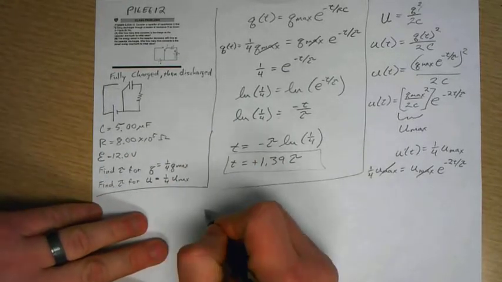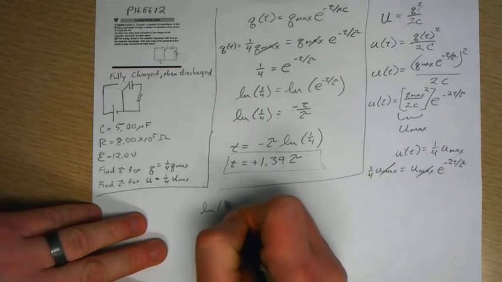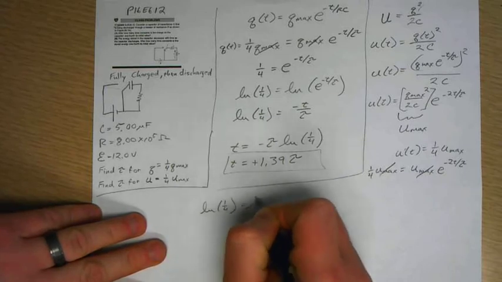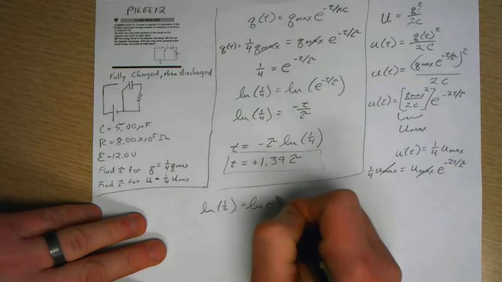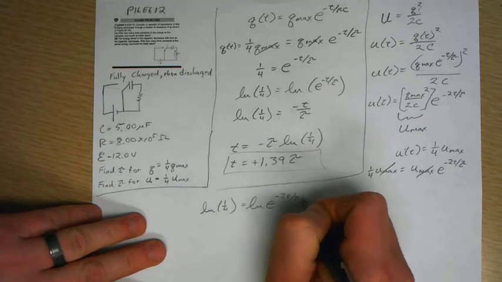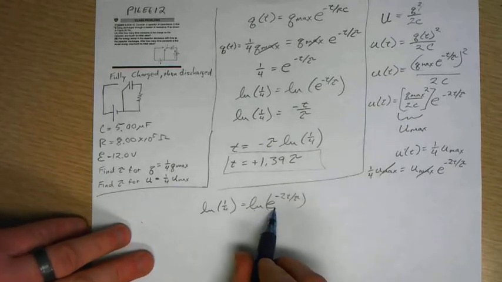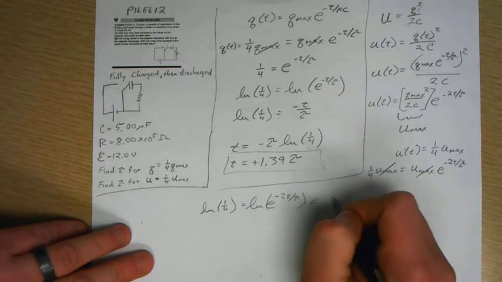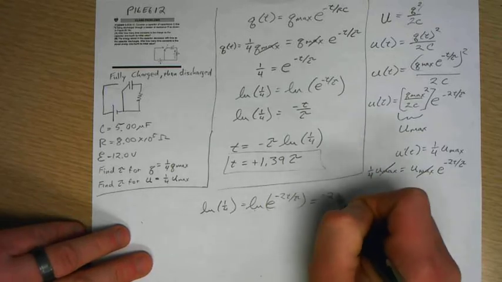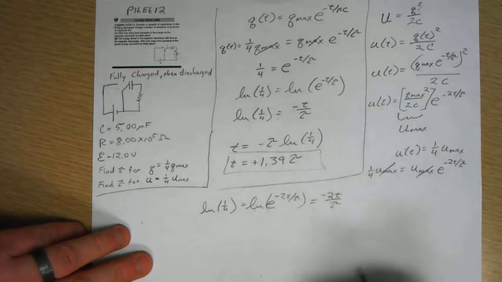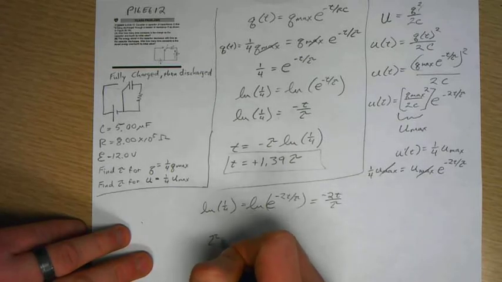If I take the natural log of each side, where the natural log undoes this exponential, that gives us negative 2t over tau.